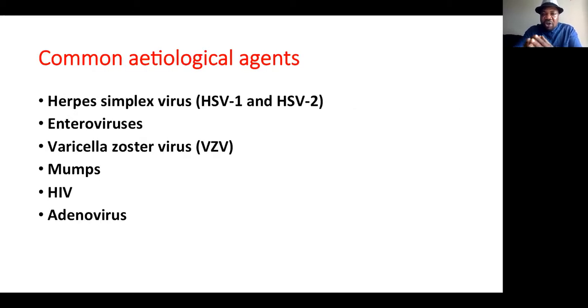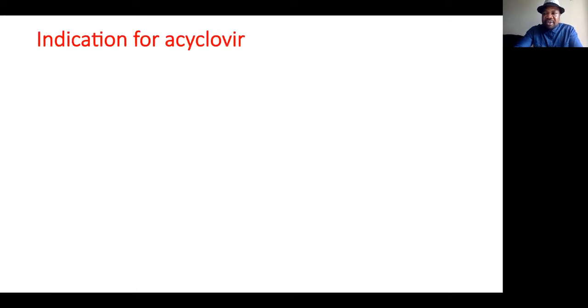Those are the common etiological agents causing viral meningitis. Mainly we have HSV, HSV1 and HSV2, enteroviruses, varicella zoster virus, mumps, HIV, and adenoviruses. Those are the commonest viruses that cause acute viral meningitis, okay?